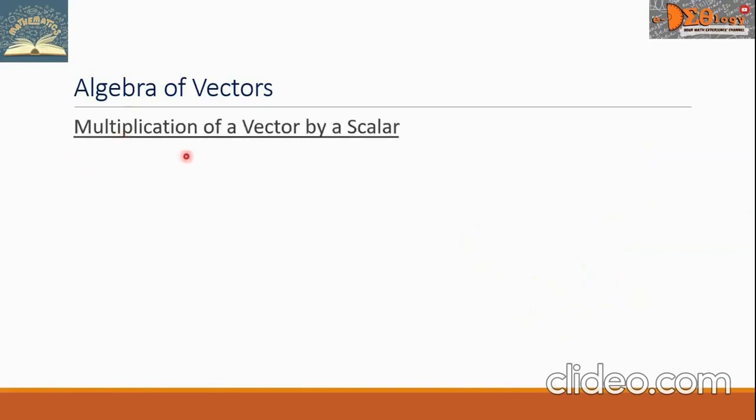Now, multiplication of a vector by a scalar. Let vector A be any vector and M be a scalar.